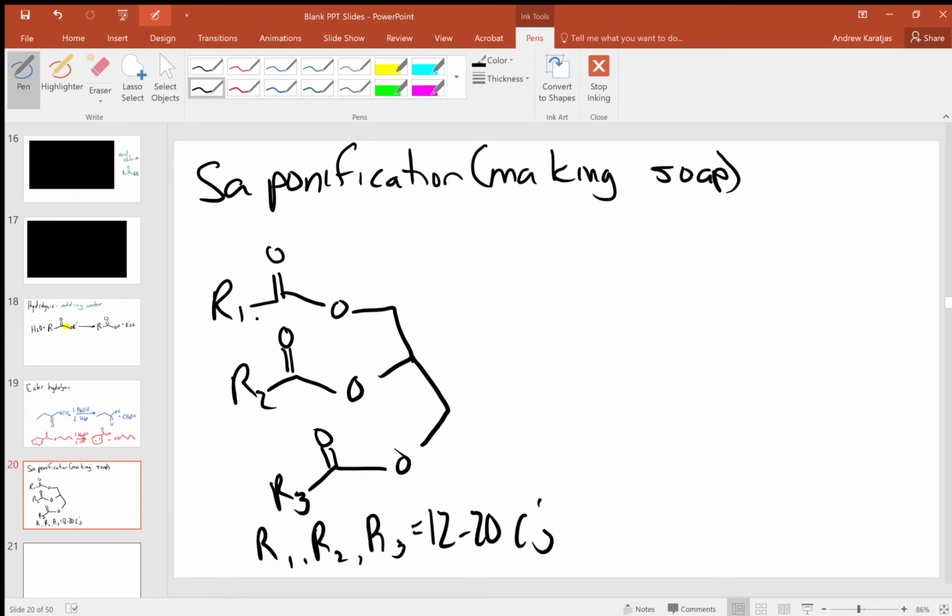And you notice we have 3 of them all attached to these ester groups. And this is known as a triglyceride.